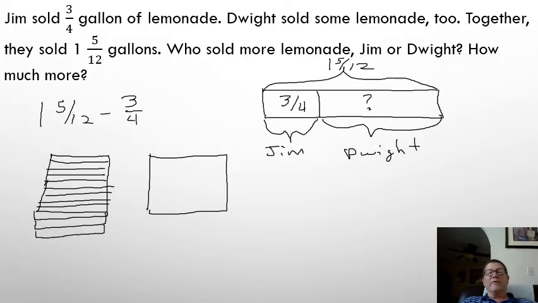Now on this side, we have 3/4. And yes, I know I accidentally, usually I do my first fraction vertically. I didn't do that. So what I did is I shifted my second model so I would have it the same. Okay. So there's 5/12 and 3/4.